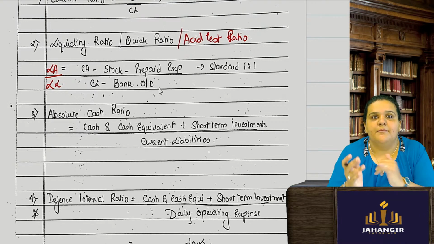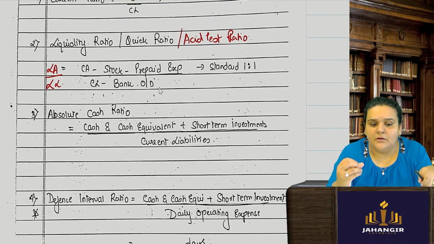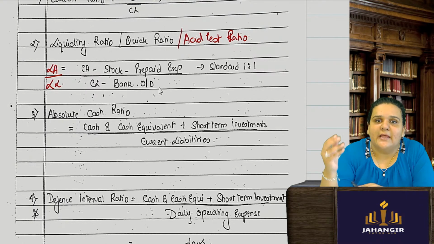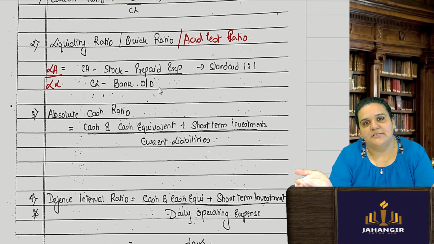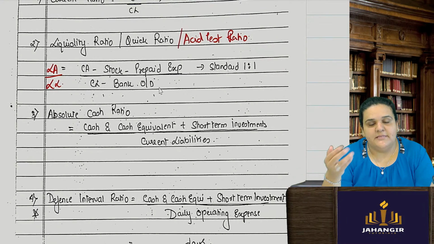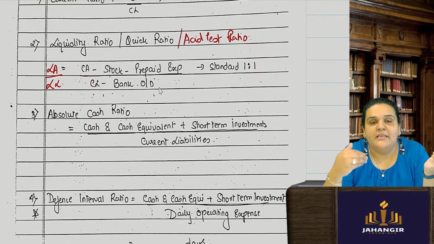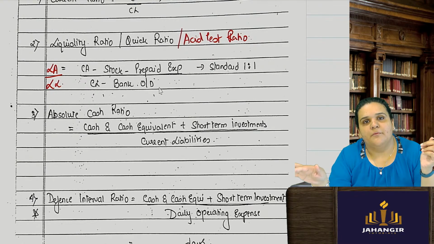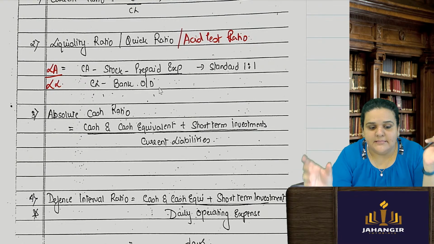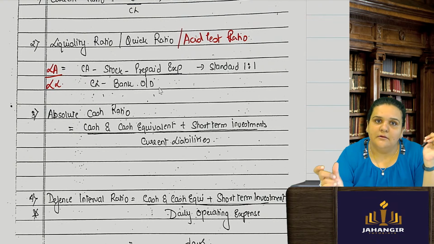Liquid assets is nothing but from the current assets you subtract your stock. Stock is not a liquid asset. It will take time for you to sell it. Prepaid expenses, fictitious assets. Preliminary expenses, fictitious assets. Okay, they are not going to help me in my liquidity, right? Similarly, current liabilities, quick ratio, liquid liabilities, remove bank OD from the current liabilities, and that you will get the liquid liabilities.